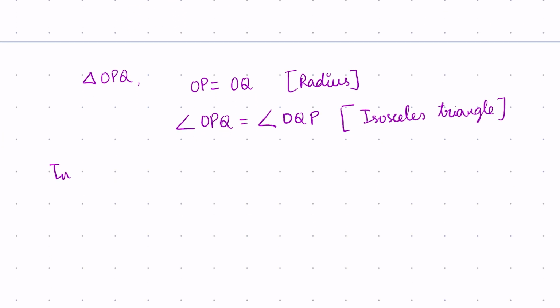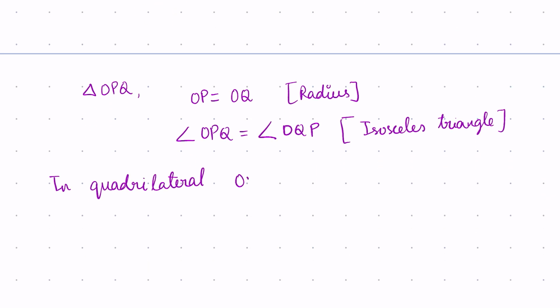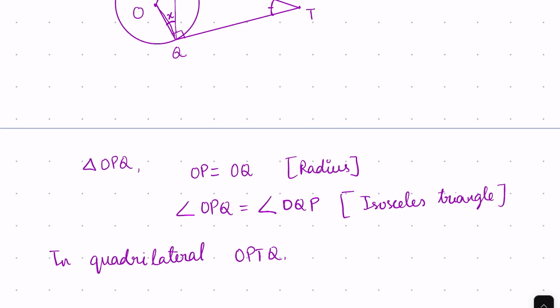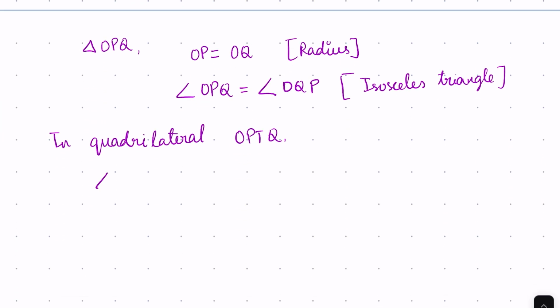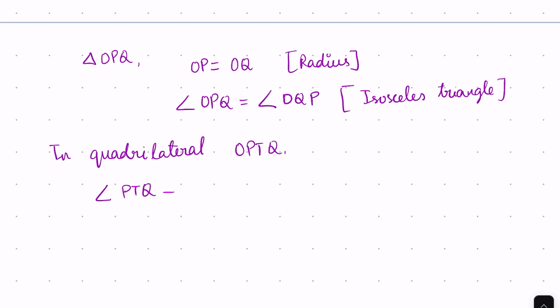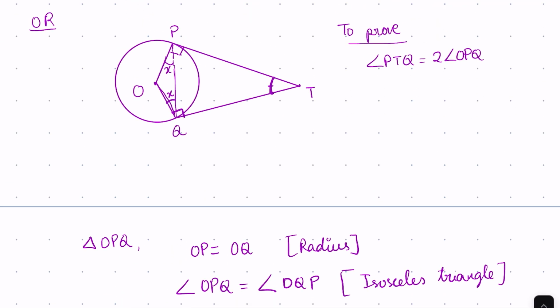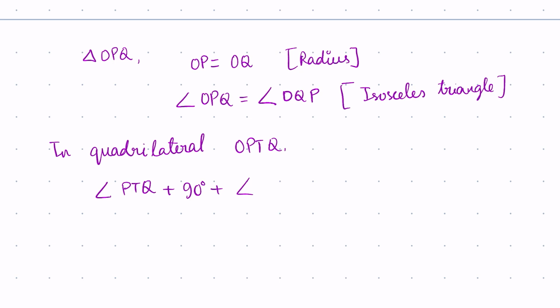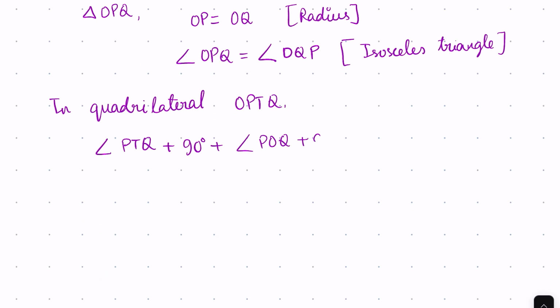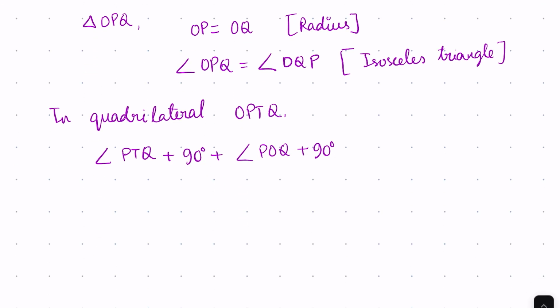Now in quadrilateral OPTQ, what we can write is angle PTQ, this angle, plus 90 degrees, this angle, plus angle POQ, this angle, plus 90 degrees, this angle, is equal to 360 degrees.